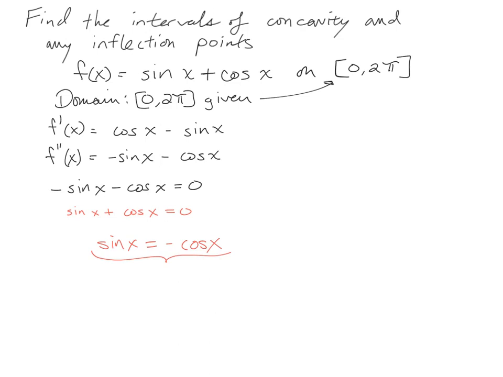So recalling back to the unit circle, if you have cosine comma sine for any point on the unit circle, we know that cosine and sine will have the same values here in the first quadrant. We know the cosine and sines will have the same values here in the third quadrant.